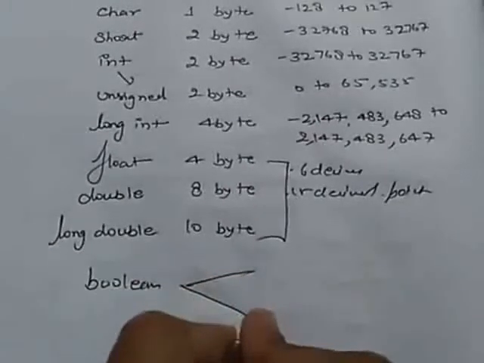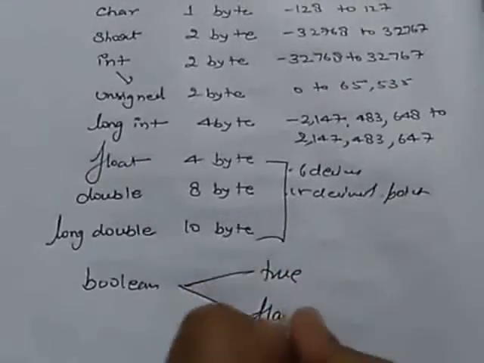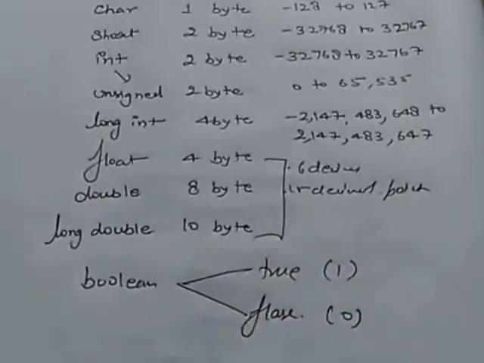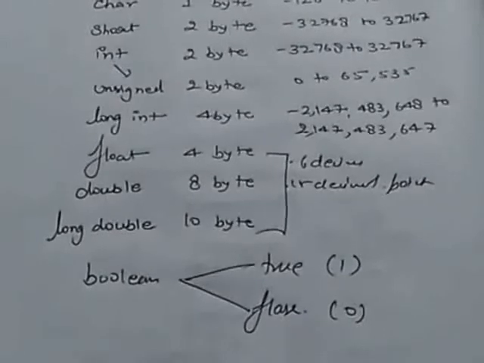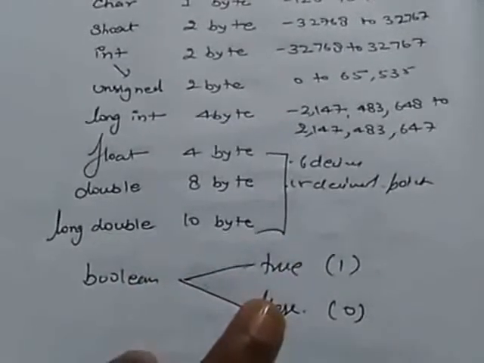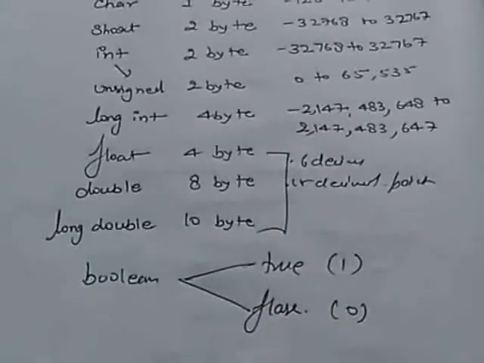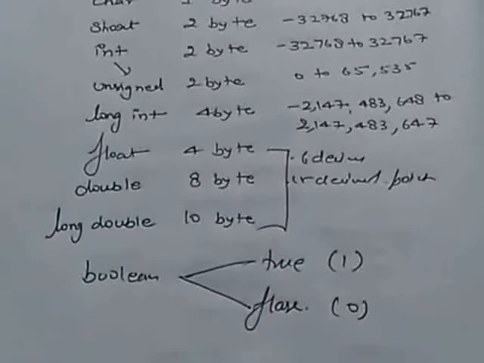Boolean will always give you true and false. For true we can say 1 and for false we can say 0. So these are the binary system. Now you have seen basic data types here.